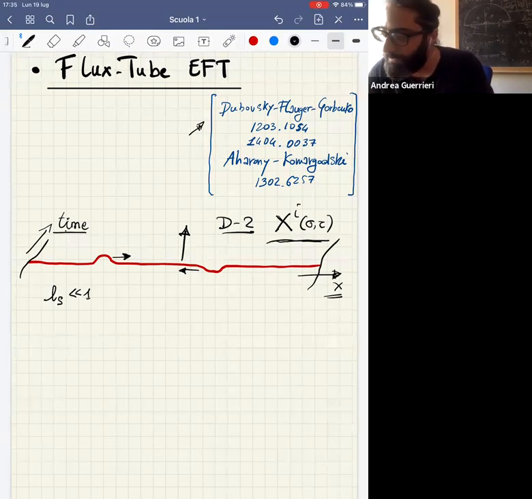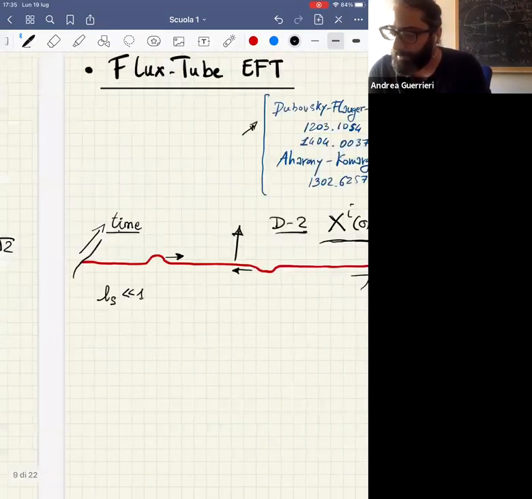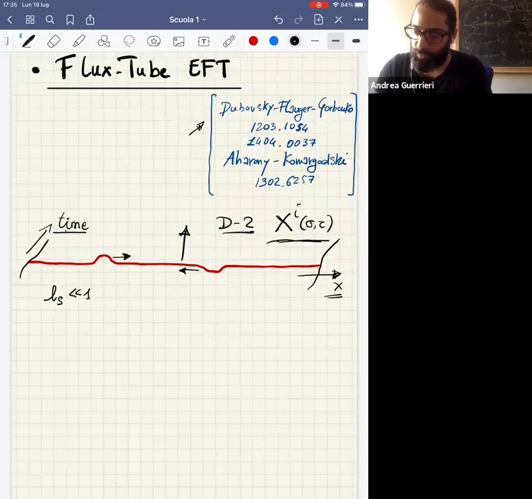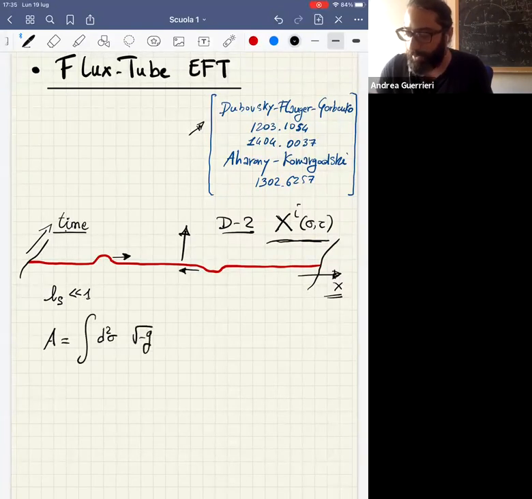Just to give you an idea of how the action might look for such a string, you have an action that will start with the Nambu-Goto term, which is square root of minus g, with a normalization of 1 over l_s squared.